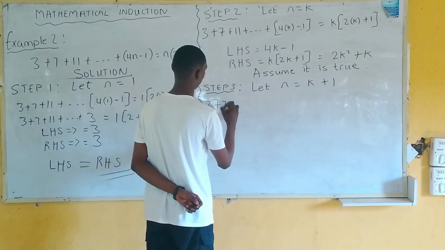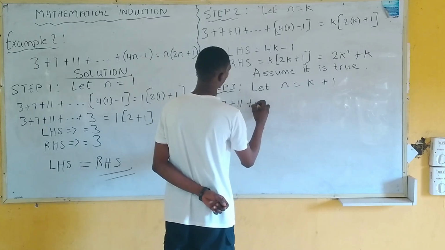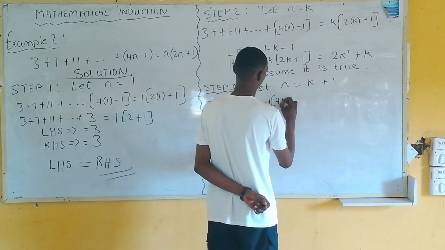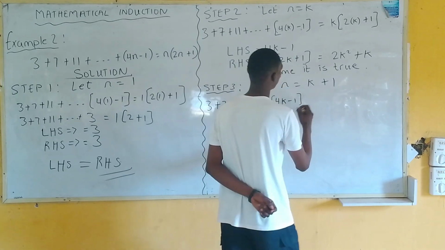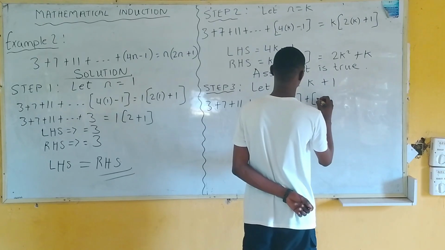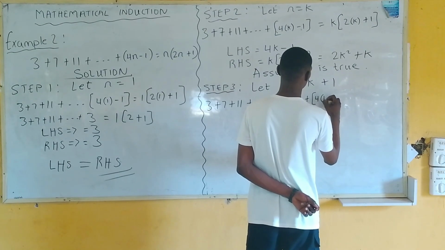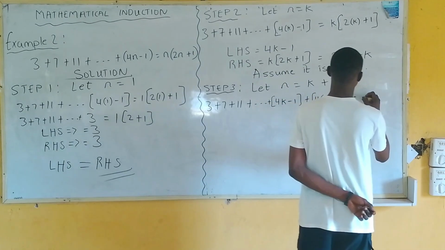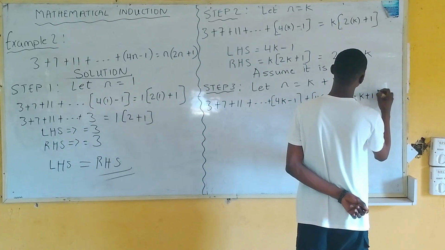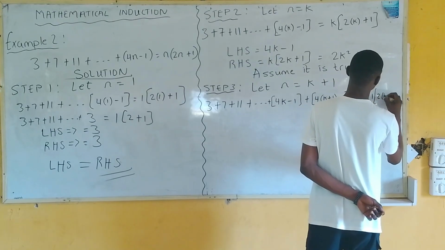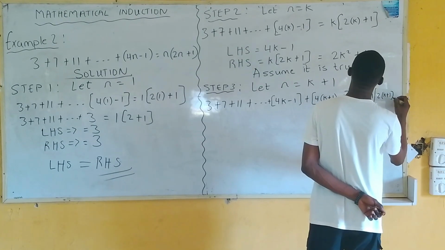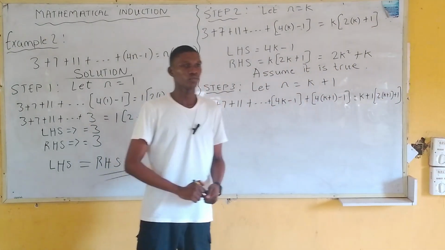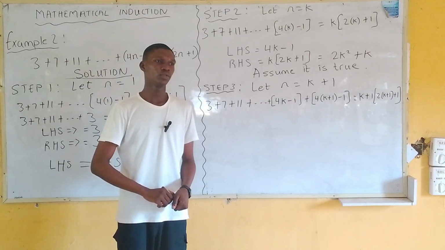Let's write 3 plus 7 plus 11 dot dot dot plus (4k minus 1), then plus 4(k plus 1) minus 1, is equal to (k plus 1)(2(k plus 1) plus 1). Look at it very well. Are we together?